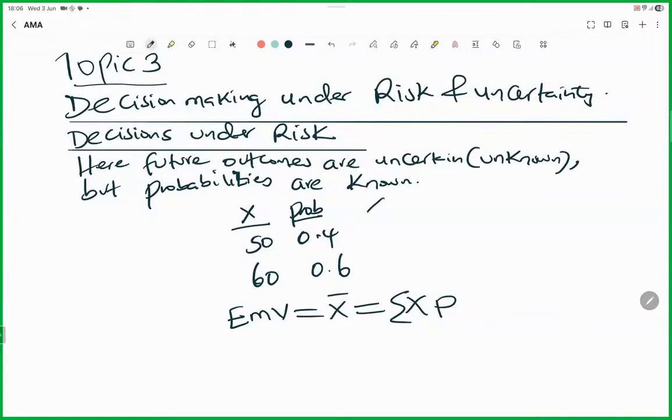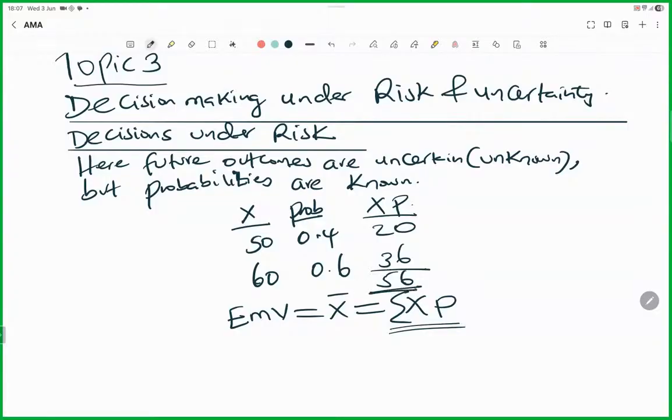So you create a column here for XP. Like 50 times 0.4, you don't need a calculator there, that's 20. 60 by 0.6 is 36. Because at the end of the day, you must sum, which gives us 56.